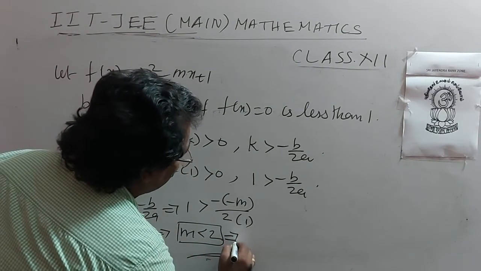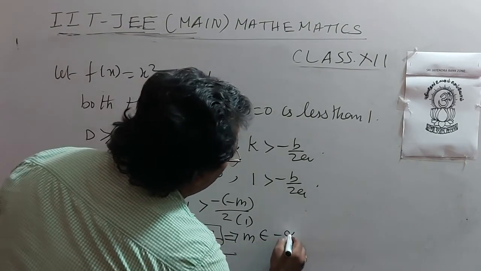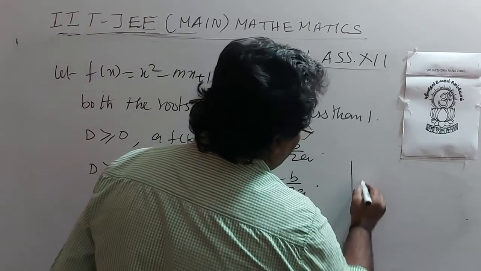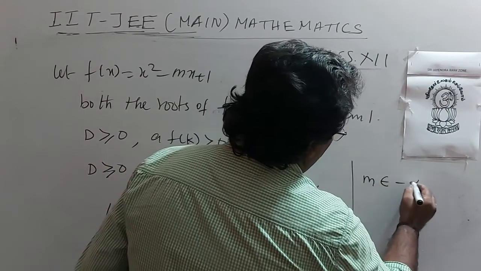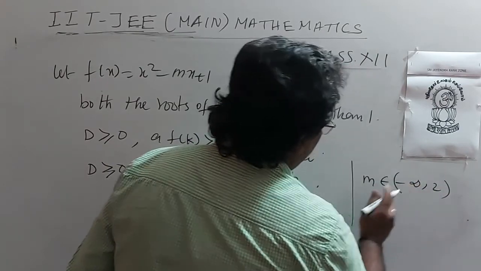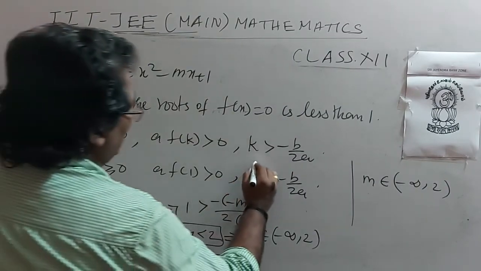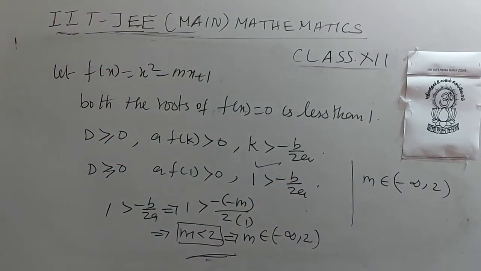Which means m belongs to minus infinity comma 2. So for this one we have found this result.